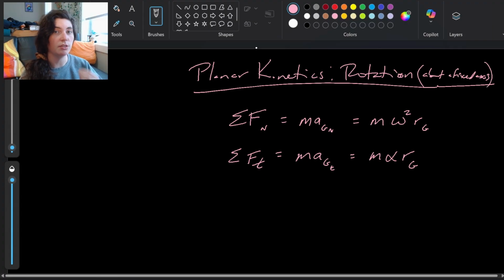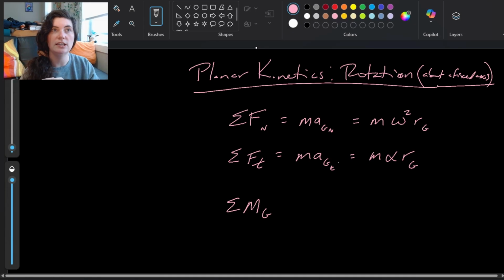We're going to have actually 3 different moment equations we could use for any given problem. When we were looking at translation, we said there was no rotation happening, so our sum of moments about G was just 0 for translation.